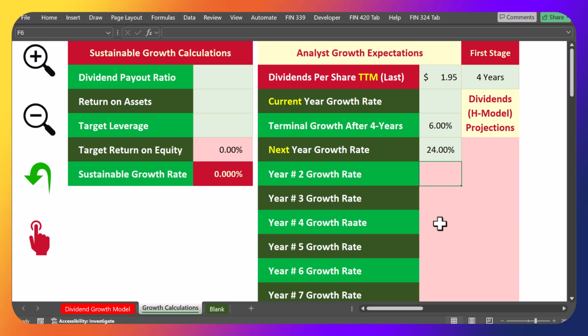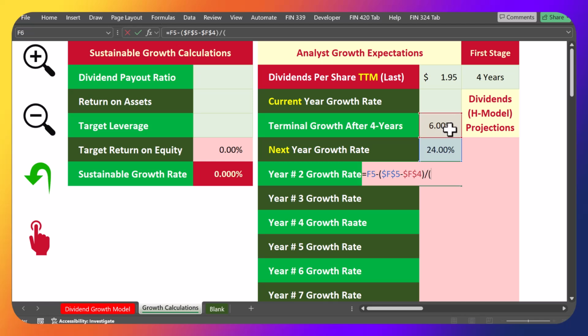Let's enter the formula. Last year's growth rate minus the first year's growth rate. I'm going to fix that, minus the terminal growth rate.